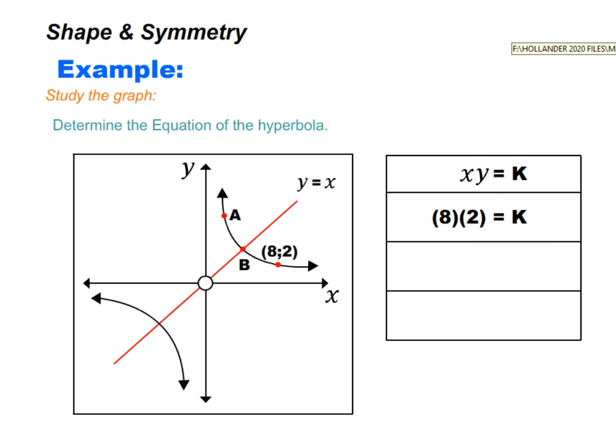Look at the left-hand side of the equation. 8 multiplied by 2 is equal to 16. So we can say 16 is equal to k. Let us now substitute 16 for k in the equation xy is equal to k. Our defining equation will be xy is equal to 16.